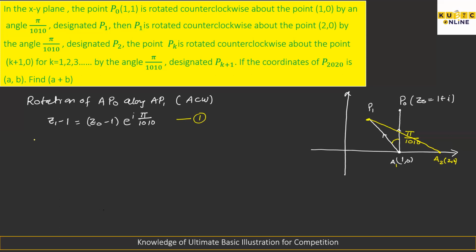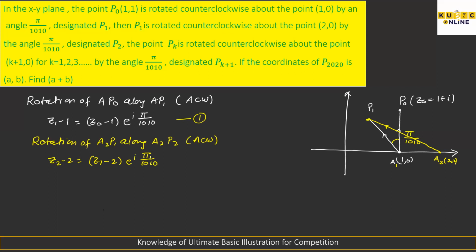So now we write the rotation of A2P1 along A2P2, and this rotation is anti-clockwise, so Z2 minus 2 equal to Z1 minus 2 into e to the power I pi divided by 1010.